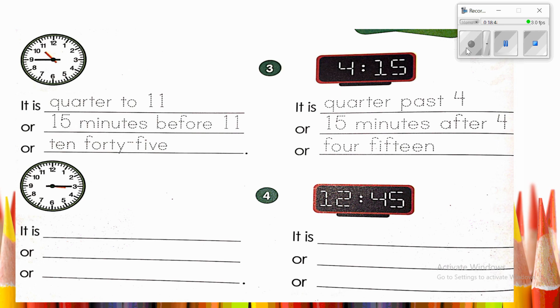Let's see now. Here is your first page in your textbook. I just wanted to write this hour. Before, I told you, I have to make a line. Here is P for past, here is T for to. Where is the minute hand? On 3. Excellent. So it's a quarter to or quarter past.